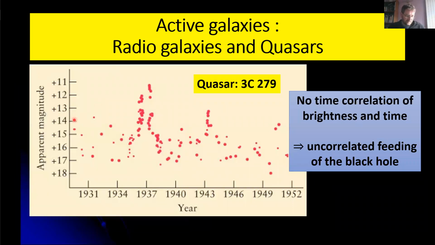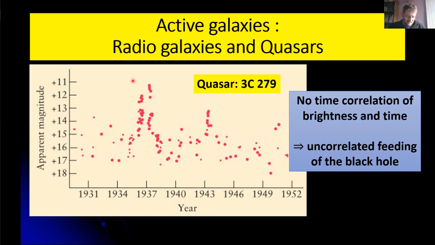yet not continuous. So if we look at these quasars, we see 279 over time, so basically take all the photo plates for 20 years or the radio observation for 20 years and plot the magnitude. This is again a logarithmic scale. What you see here is the power.